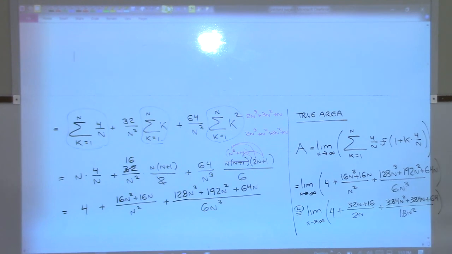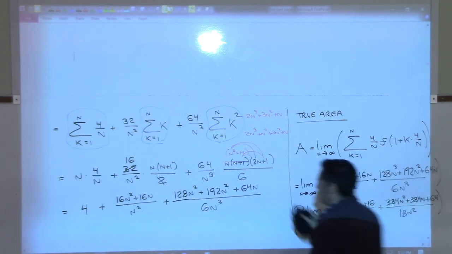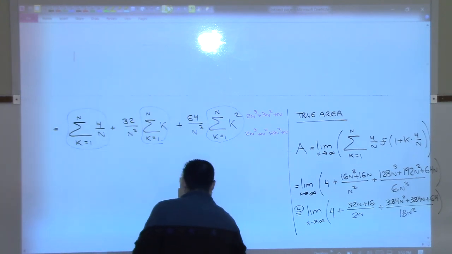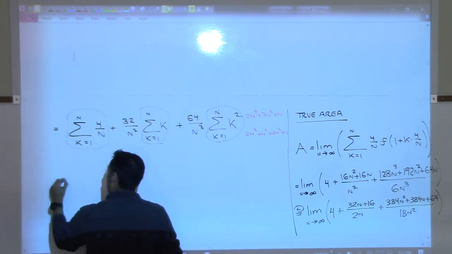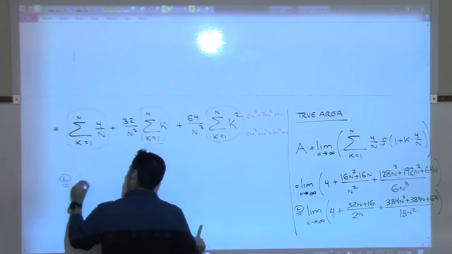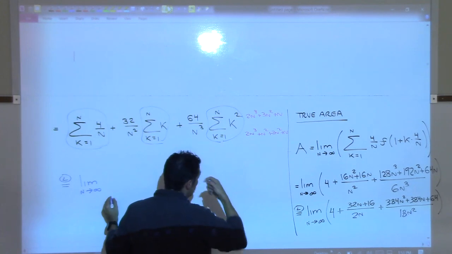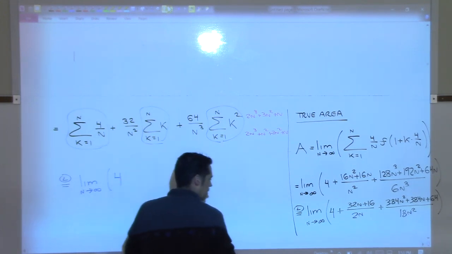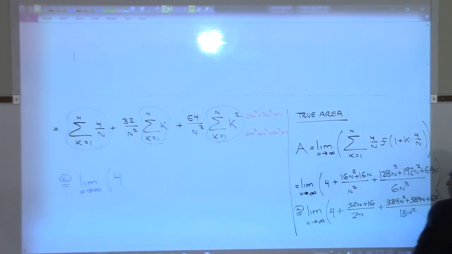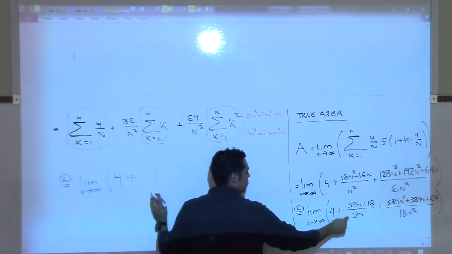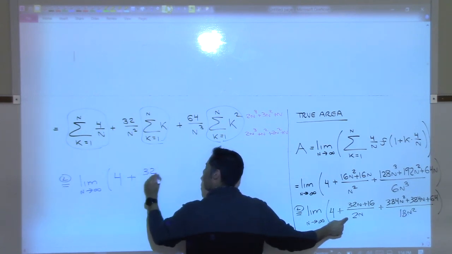Now if you let n go to infinity, same problem. You have infinity over infinity, so L'Hopital again. Keep doing it until it stops. So this is going to be equal to, by L'Hopital's rule, the limit as n goes to infinity of 4 plus, L'Hopital on top and bottom here, 32 over 2.